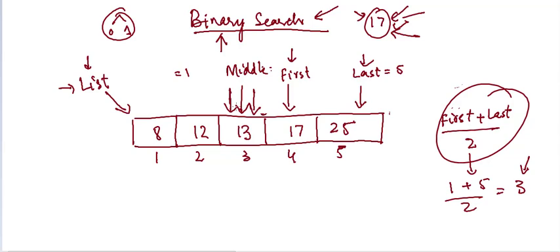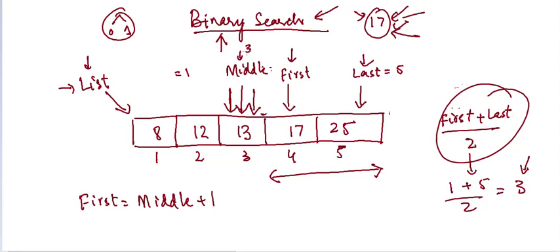Since this is not equal to 17, we need to check in this portion of the array. So we are going to set the value of first equal to middle plus 1. Middle was 3, right? So the value of first now becomes 4, and the value of last is still the same, 5.